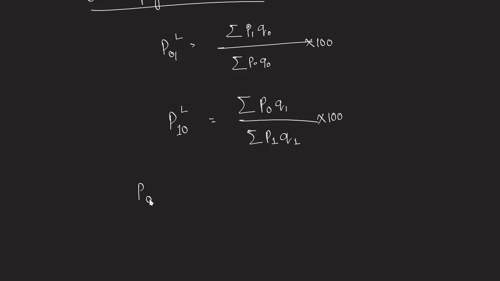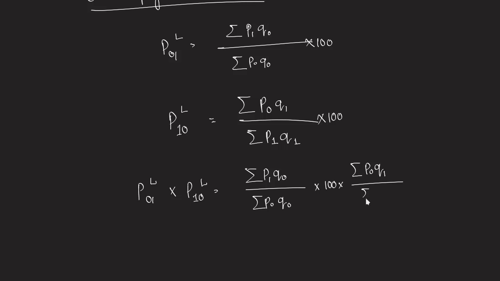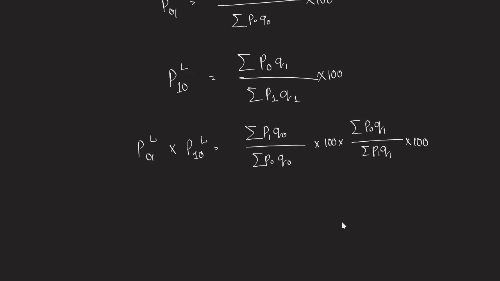So P01 Laspeyres into P10 Laspeyres is equal to summation P1 Q0 by summation P0 Q0 into 100, into summation P0 Q1 by summation P1 Q1 into 100. Now here no value has cancelled out, so this is not equal to 1.